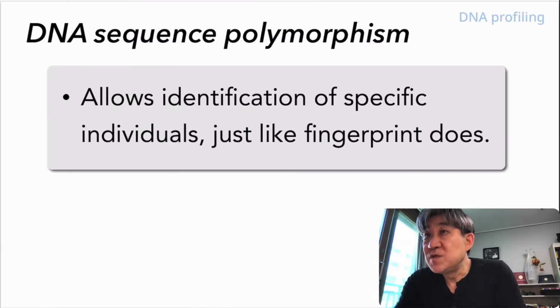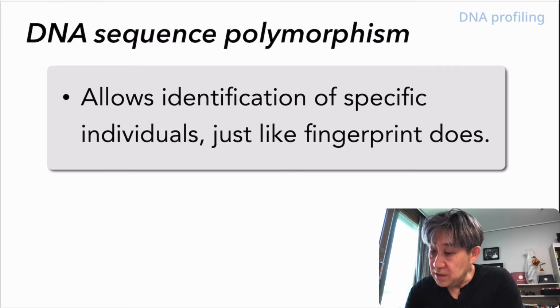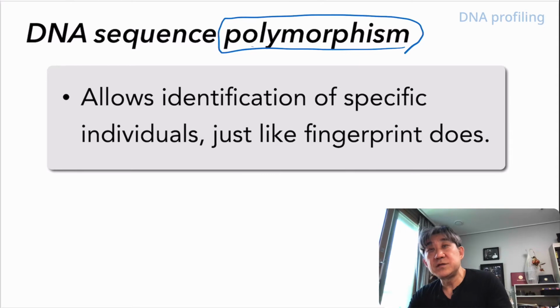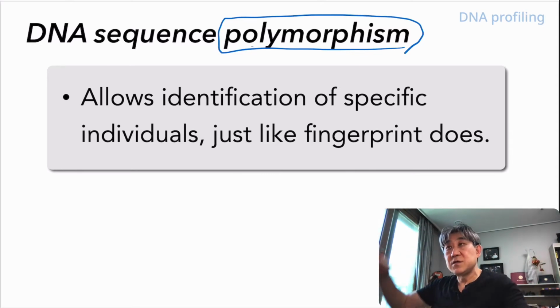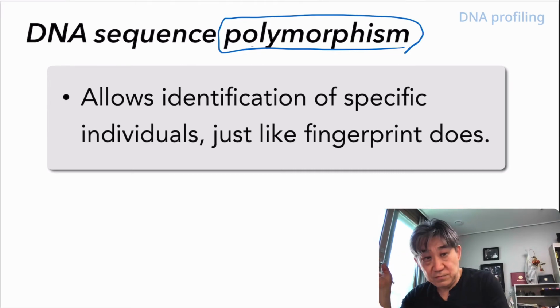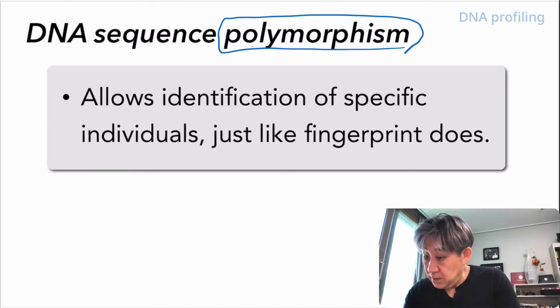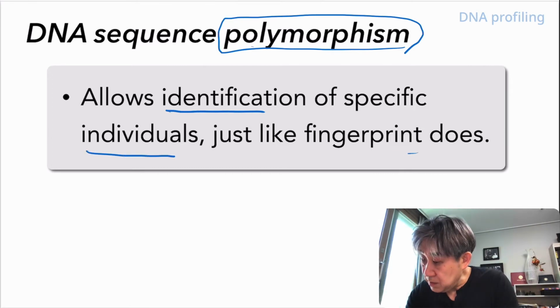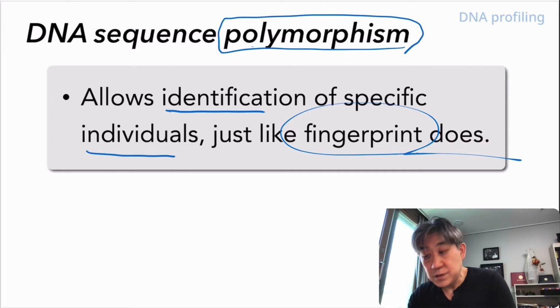That displays so-called DNA sequence polymorphism. Polymorphism means it shows differences among different individuals. Because of that, it is now possible to identify a specific individual, just like fingerprint usage.